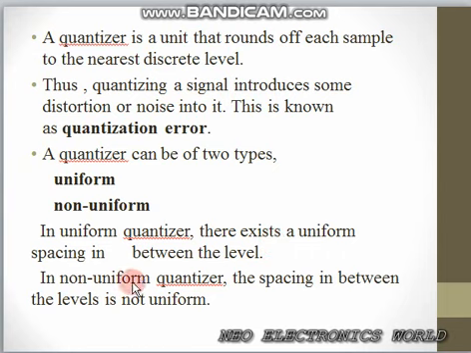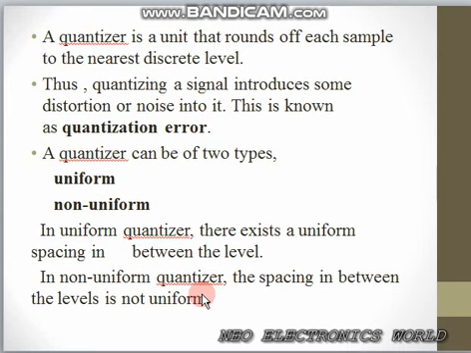But in the case of a non-uniform quantizer, the spacing between the levels is not uniform. I will explain the uniform and non-uniform quantizer as well as the step size in the next video, and there are some small derivations also. That part we will discuss in the next video.